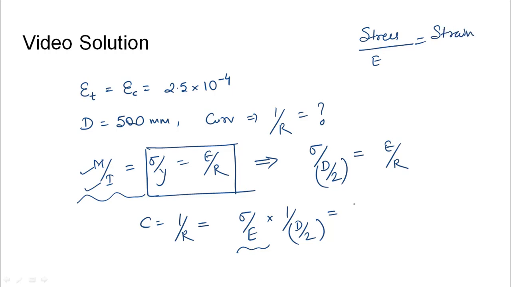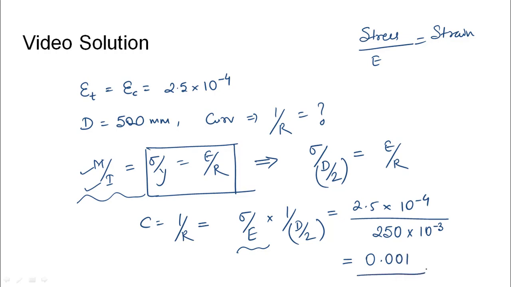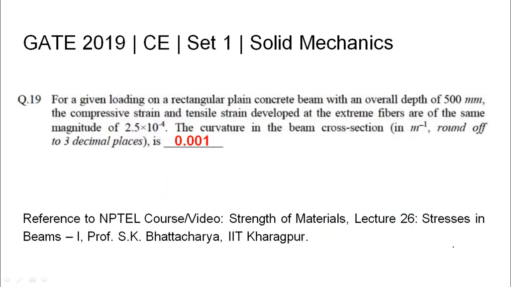So this will be 2.5 × 10^-4 divided by half of the depth, that is 250 millimeters. This needs to be converted into SI units by multiplying by 10^-3. This would give the answer as 0.001, which is our curvature in units of meter inverse.